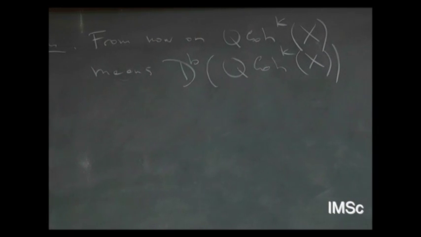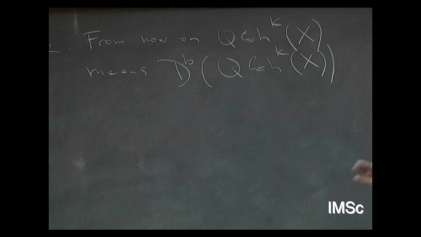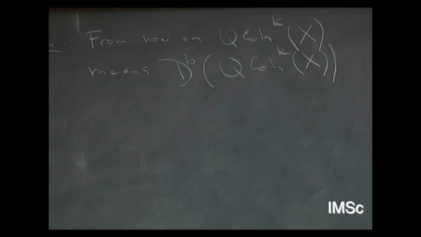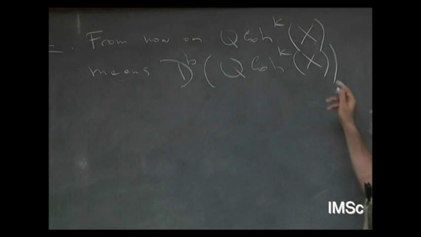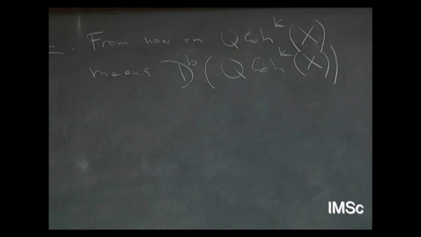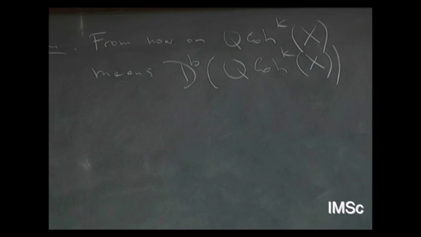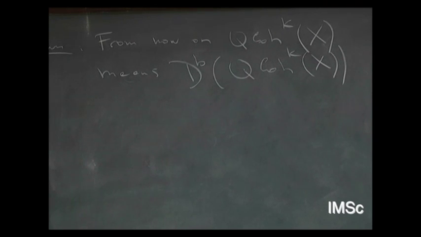You can treat this as a black box, developing the standard machinery of resolutions and whatever, but I just don't want to use the long notation. I'll use the short notation. And whenever I'm using the word sheaf, it means a complex of sheaves up to quasi-isomorphism.